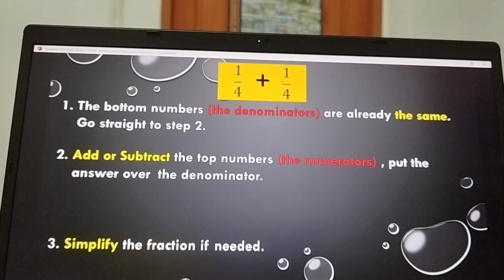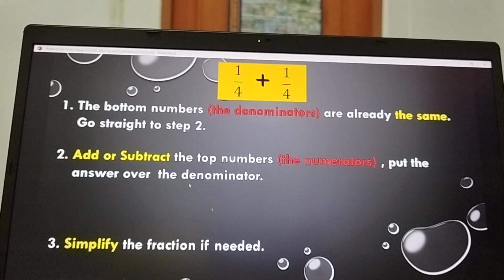1/4 plus 1/4. So you have here the same denominator 4. The bottom numbers, the denominators, are already the same, 4 and 4. Go straight to step 2: add or subtract the numerator.